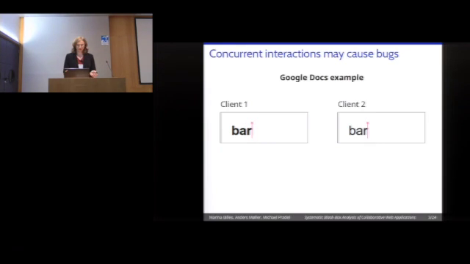After this, we see the following synchronization of the concurrent changes, where on client 1 we have the bold text bar, and on client 2 we have the non-bold normal font bar. And this doesn't synchronize. Eventually, it stays different on both clients.